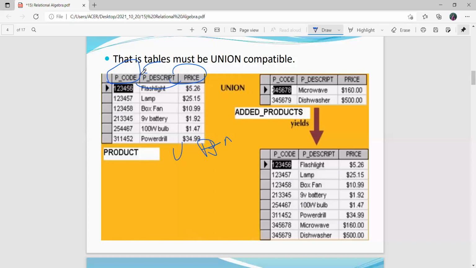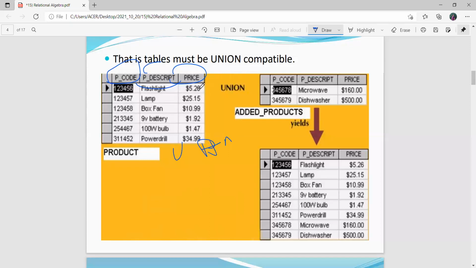There are two conditions. The number of columns should be equal, and the attribute names should be equal. These two tables achieve these two conditions. After that, we can perform the product union added product operation. This operation produces a new table with the same attributes, but it contains all the details from both tables.